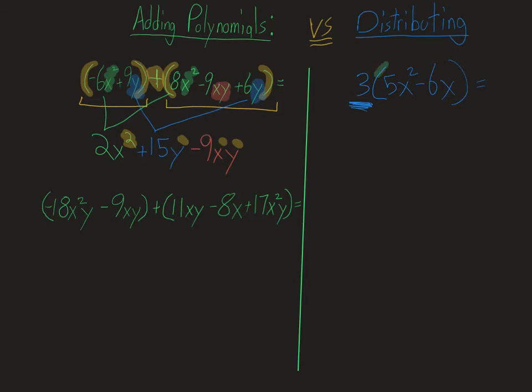And the whole purpose of the parentheses with a value right next to them is telling us we need to multiply. Multiply. Goodness gracious, my spelling is going away. Okay, so that's this. We've done before. We end up with that 15x squared and that negative 18x. Okay? If you see that, you need to distribute.